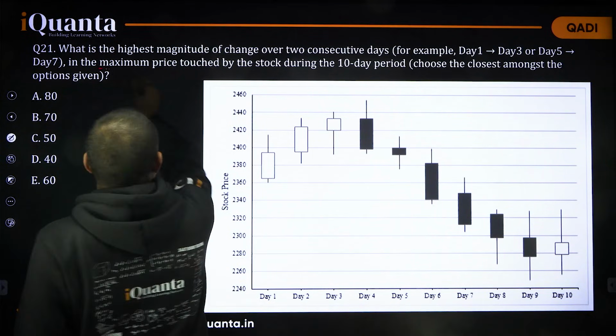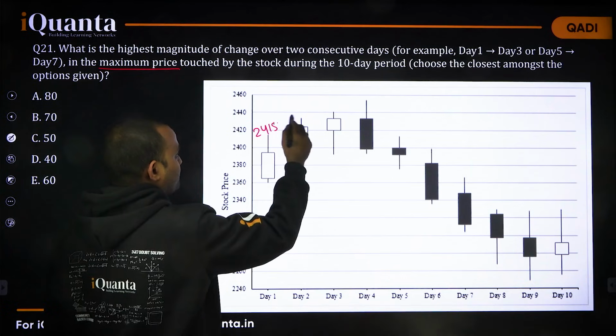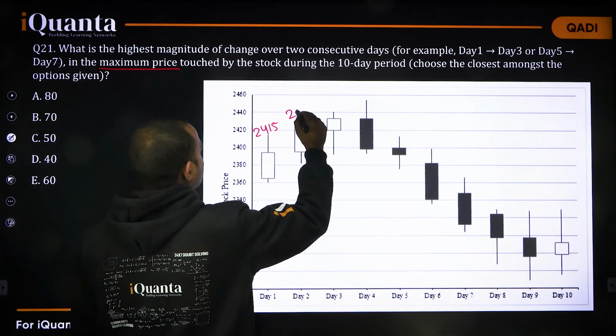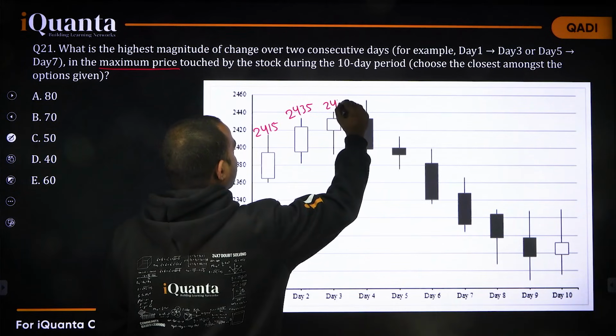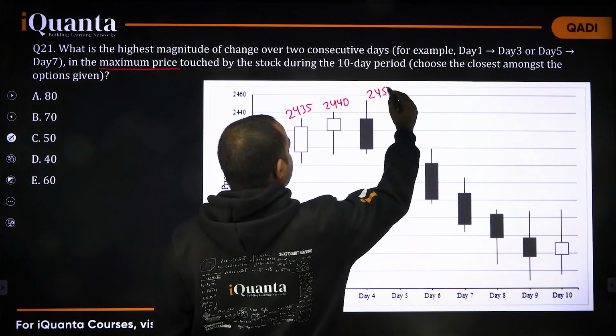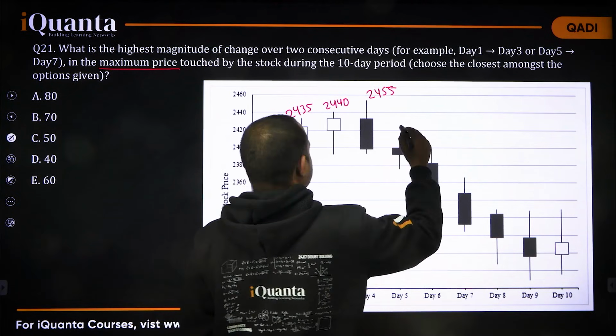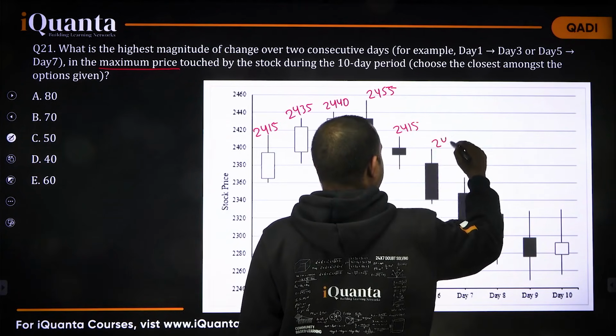Maximum price. In this case, this is 2415. This one is 2435. This is 2440. In this one, I can take 2455. For this day, I can take 2415. For this one, it's exactly 2400.